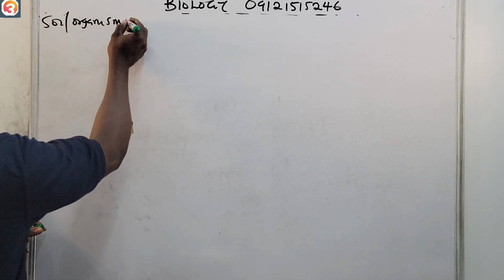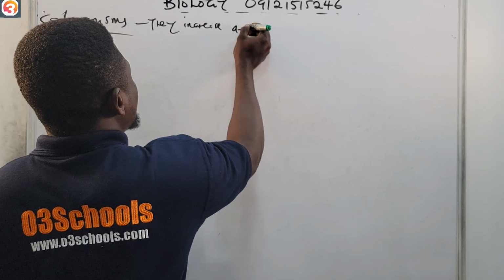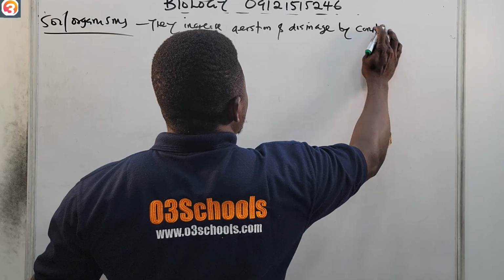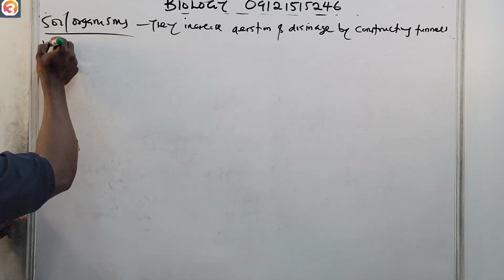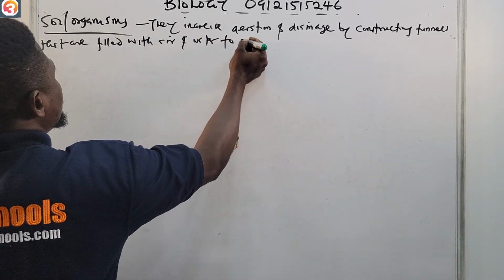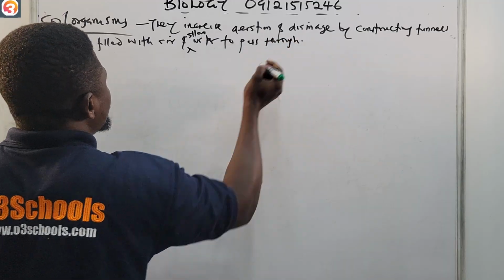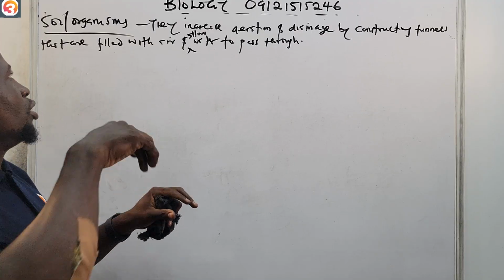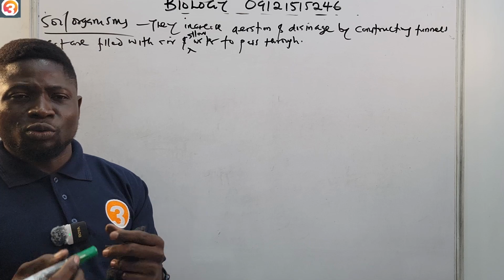Soil organisms, note that they increase aeration and drainage by constructing tunnels that are filled with air and allow water to pass through. They increase aeration and drainage by constructing tunnels that are filled with air, and then they allow water to pass through them, which helps the soil to retain water also.